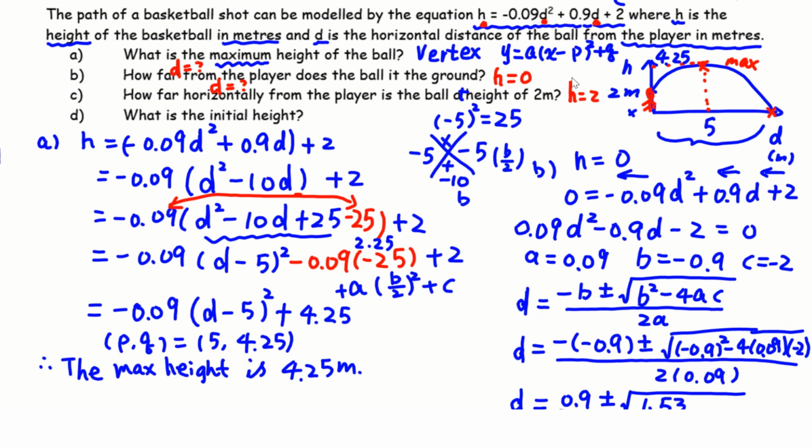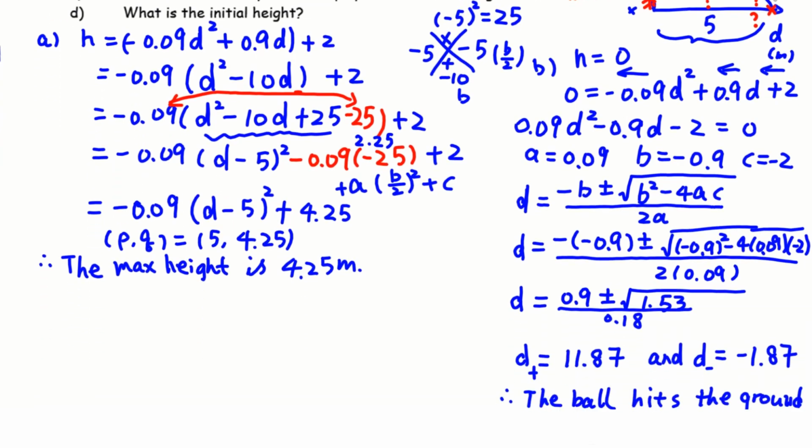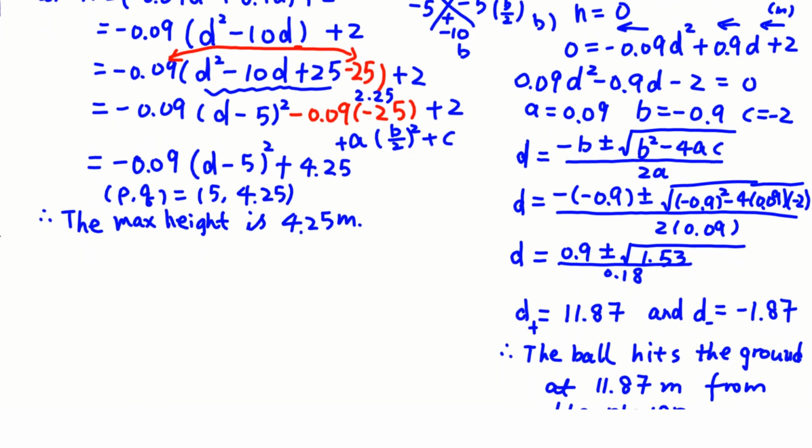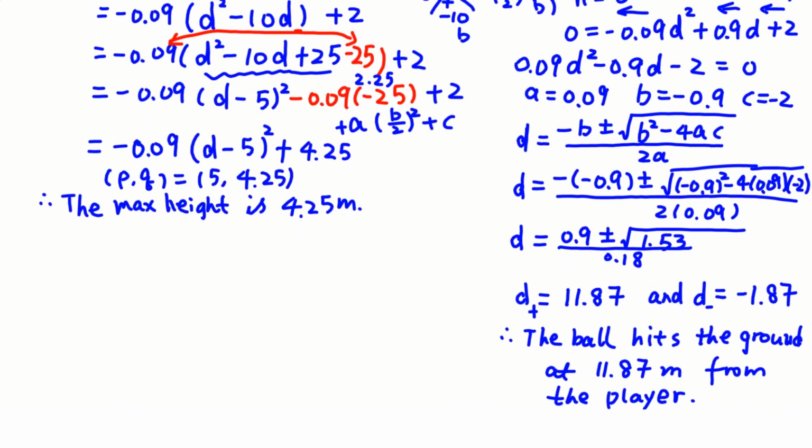If you want to solve for d, then h needs to be given. At t equals 0 the height is 2 meters, the distance is 0, so you want to find another distance with height 2 meters. So that is question C, h equals 2.